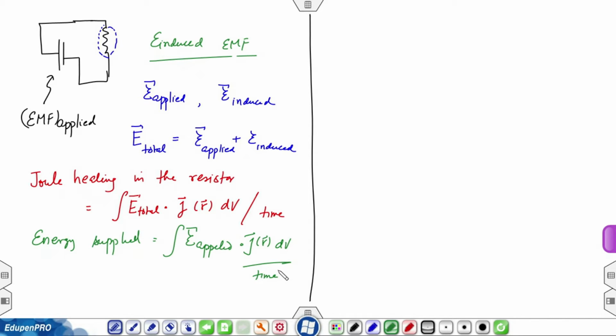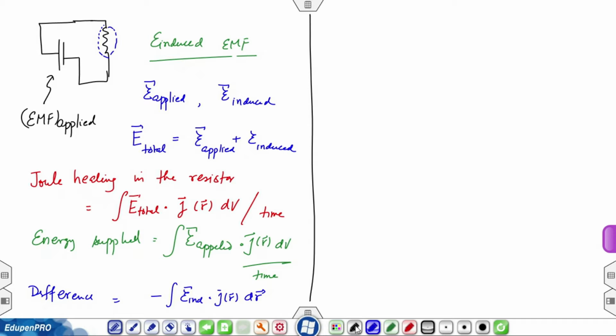The difference between Joule heating and E applied goes into the energy in the magnetic field that is being set up. So, the difference is equal to minus integral E induced dot J R dV. So, the total energy that is being supplied, part of it goes into Joule heating and the other part gets stored in the magnetic field.